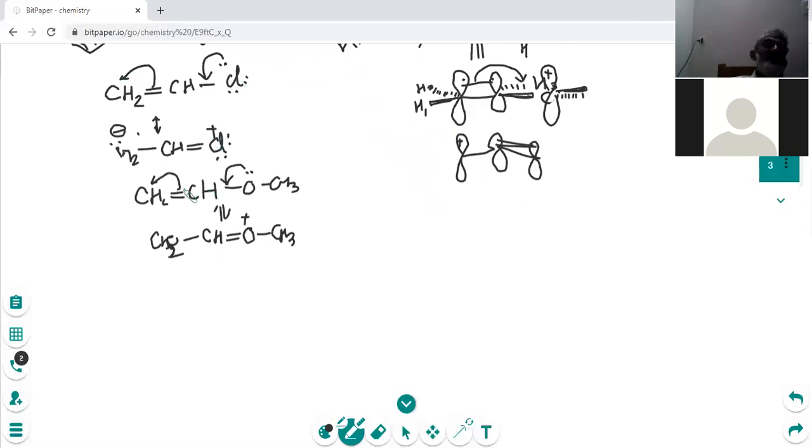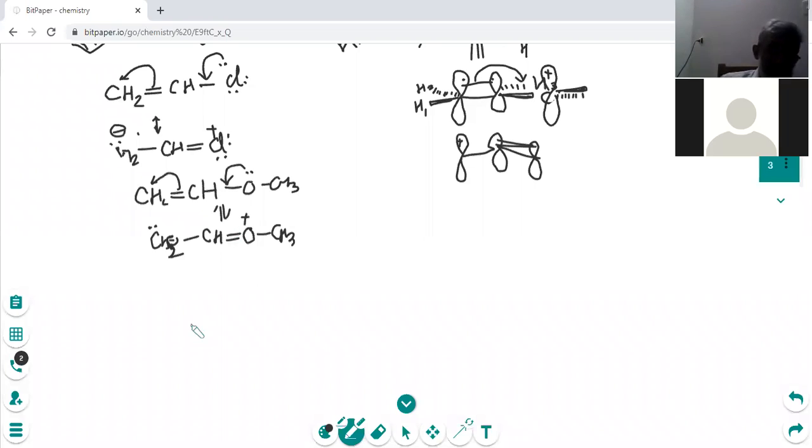Similarly, there is no positive charge, but these two electrons can come to this CH2 group into an atomic orbital and form an anion, and there is spreading of charge. So this is basically what is resonance effect. You have to see CH2 minus here with a pair of electrons, a lone pair of electrons.